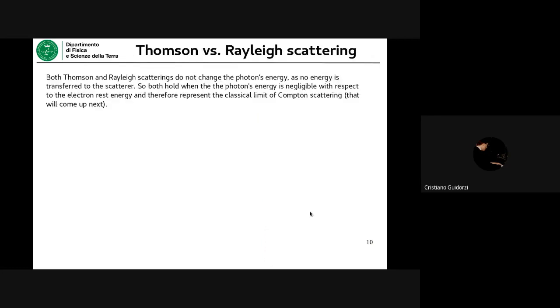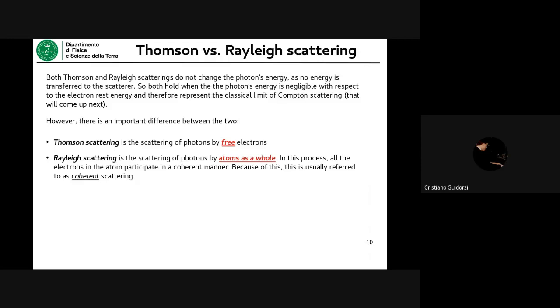The very last point I want to make is a comment on the difference between Thomson scattering and Rayleigh scattering. What is the difference? Well, in both cases, the energy of the photons is negligible with respect to the rest energy of the electron. But there is an important difference. In the case of Thomson scattering, as I remarked at the beginning of this class, we are taking free electrons. Rayleigh scattering is instead the scattering of a photon having the same characteristics as in the previous case, but the electrons responsible for the scattering belong to an atom.